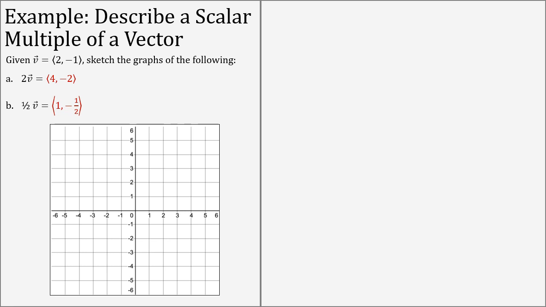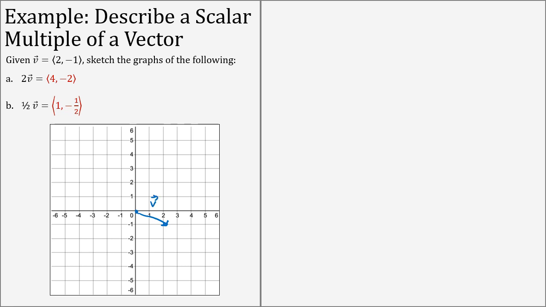So this example says, given the position vector v, which is 2, comma, negative 1, let's just go ahead and plot that. Sketch the graph of the following. Okay, so position vector v starts at the origin, 0, 0, and then goes 2 to the right, and it goes down 1. So here is vector v.